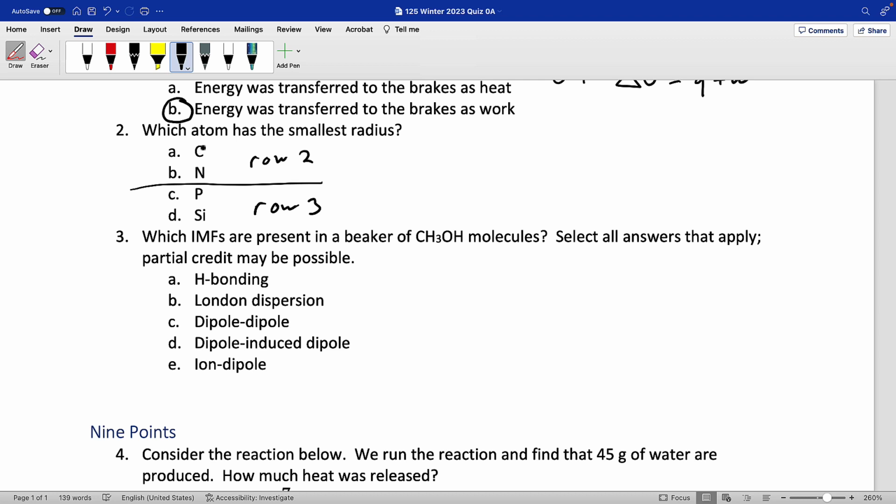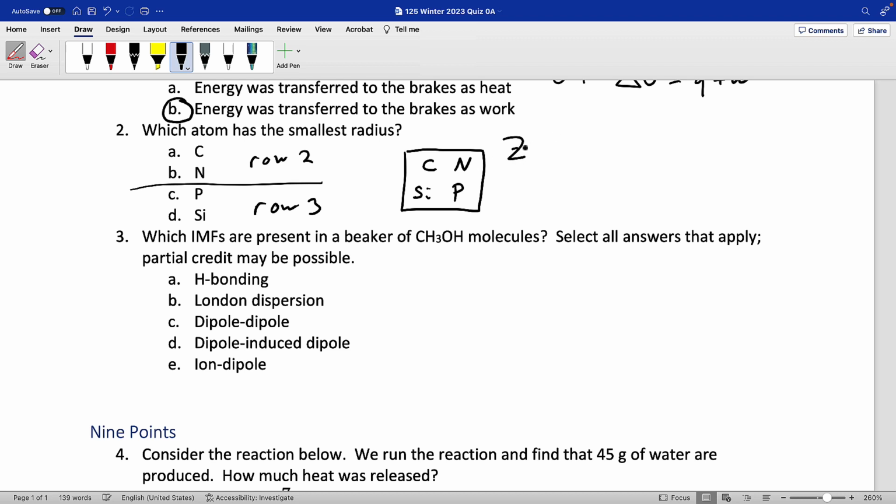So now we're comparing between carbon and nitrogen. Let's make a little mini periodic table. We've got carbon, nitrogen, silicon, and phosphorus. Now we're looking at carbon and nitrogen. As we go from carbon to nitrogen, we're adding an electron and a proton to the atom.